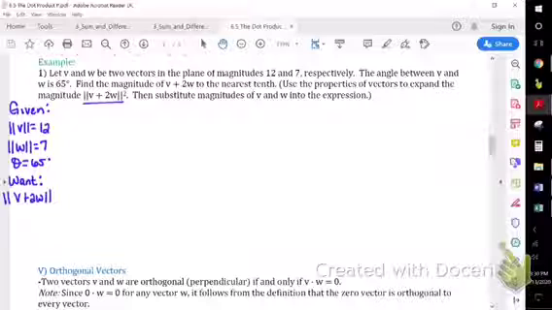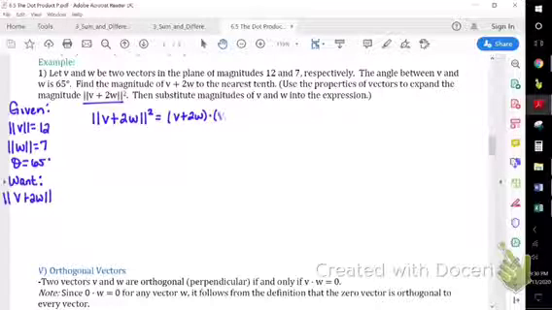So we're going to take this to help us here at the beginning. And we'll remember, what does it mean to be squared? It means the vector times itself. So we're going to take (v plus 2w) dot (v plus 2w). And then we're just going to distribute.